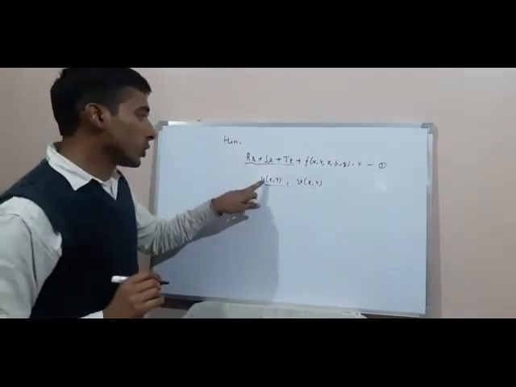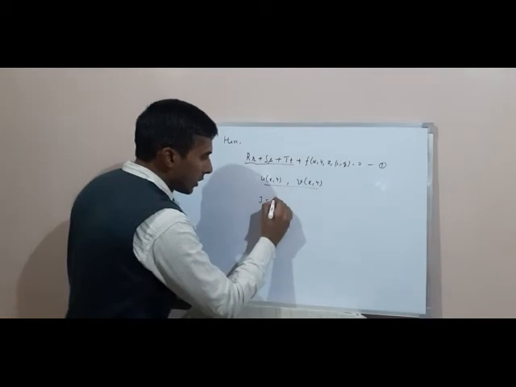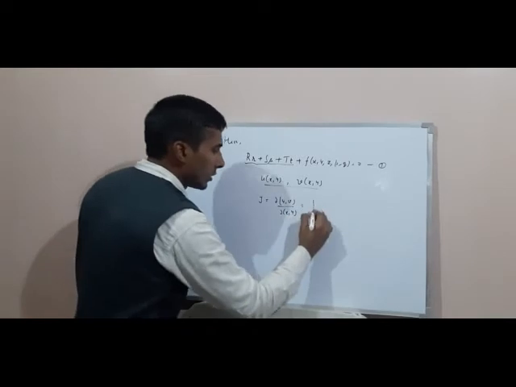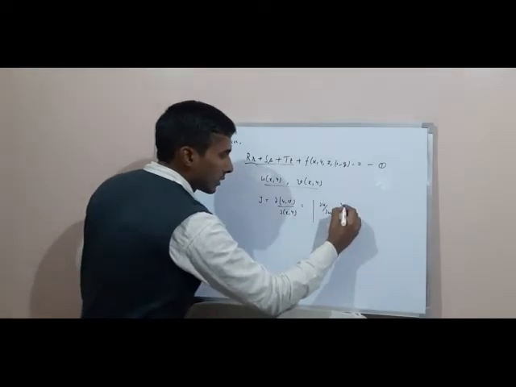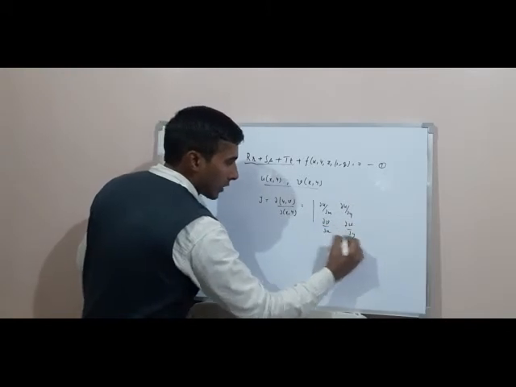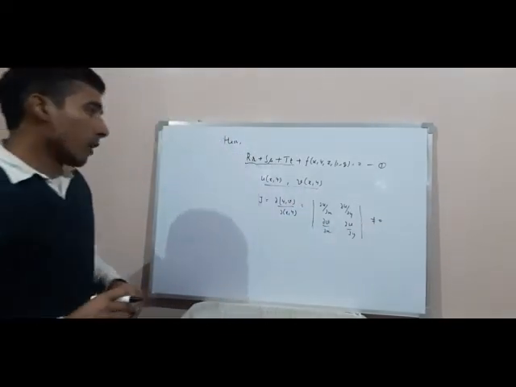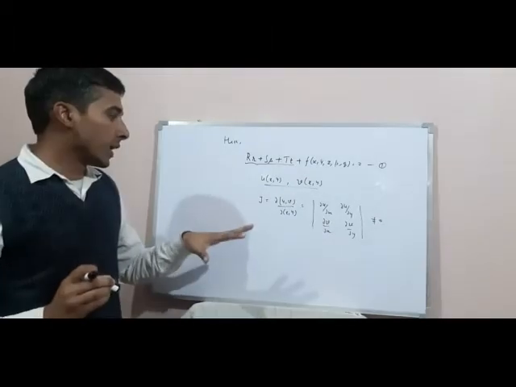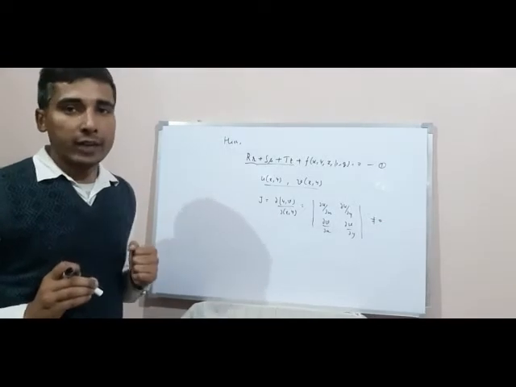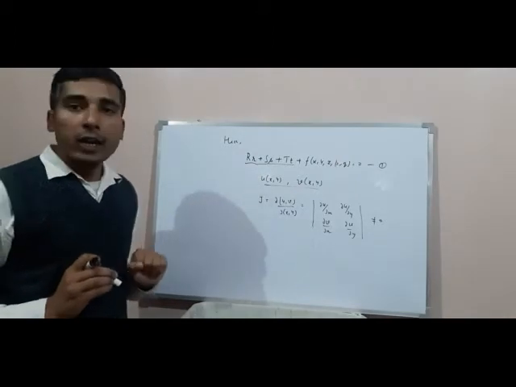But we have to choose u and v in such a way that the Jacobian ∂(u,v)/∂(x,y), which by definition is the determinant with rows ∂u/∂x, ∂u/∂y and ∂v/∂x, ∂v/∂y, is non-zero. That means we have to choose the functions u and v in such a manner that the Jacobian is non-zero, that is, u and v should be linearly independent.